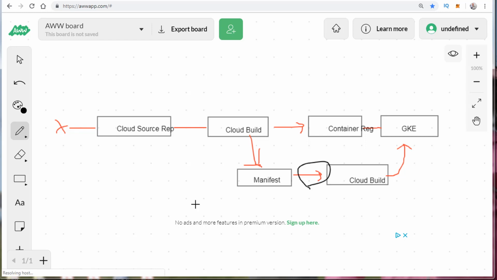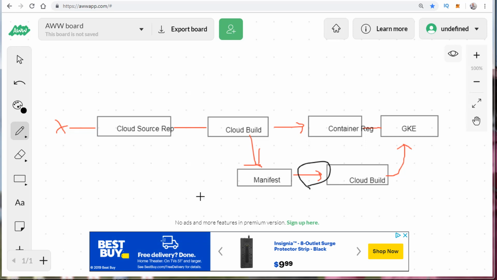One of the things to point out is that on one or two questions I had noticed that you'll get a diagram. The diagram may look somewhat prettier than this, but you'll have a service filled in like Cloud Source Repositories, but Cloud Build will be empty and GKE will be empty. And then they'll ask you to select the proper order of what the question is asking for.